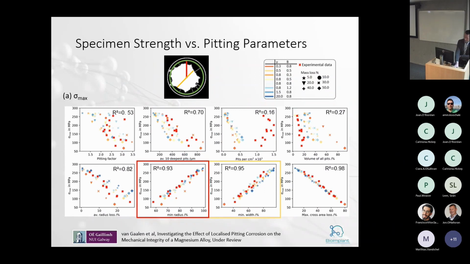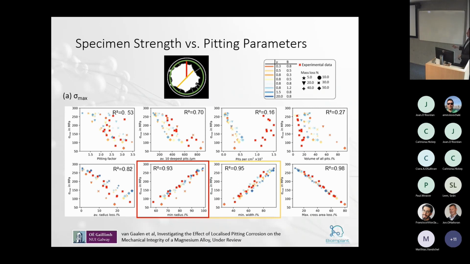And we extended this again and looked at the same parameters. We looked at a lot of these different pitting parameters in the experimental study, and here these red dots are repeated, but now we've added to this data set through the computational simulations.